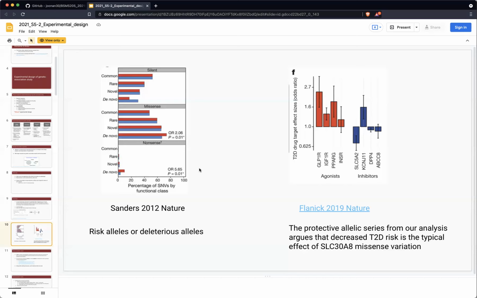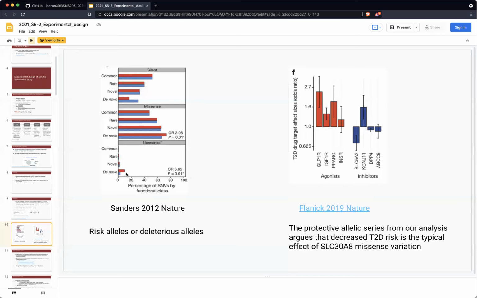And is this true in the early days? Yes, it is. And de novo nonsense mutation, in other words, this is part of the protein truncating mutations, right? This red bar is the rate of de novo nonsense mutations in cases, and the blue bar is the rate in controls, right?